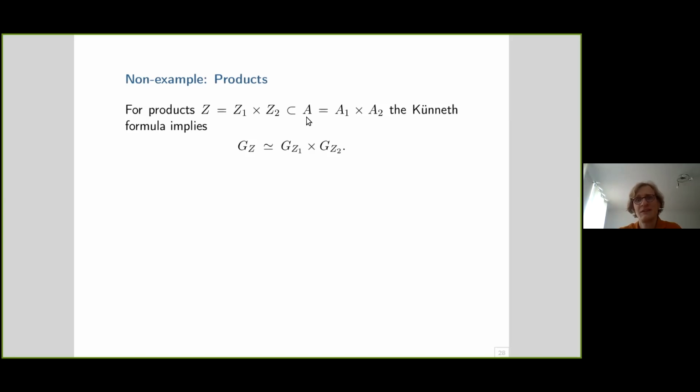So if A itself is a product, A1 times A2, and if you take Z1 inside A1 and Z2 inside A2, and define Z to be the product of the two subvarieties, then you have the Künneth formula for direct images, which trivially shows that the whole situation of the convolution product splits into the two factors, and so the Tanaka group GZ is essentially the product of the two groups. Maybe modulo some finite central contribution, which doesn't matter here. So the Lie algebra of GZ is certainly the product of the two Lie algebras.